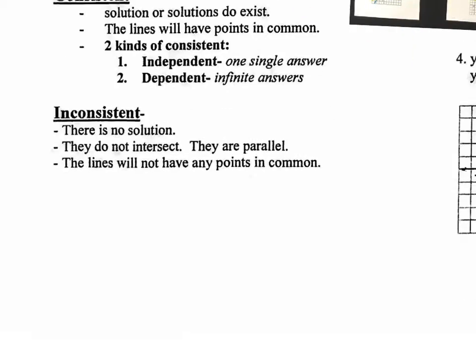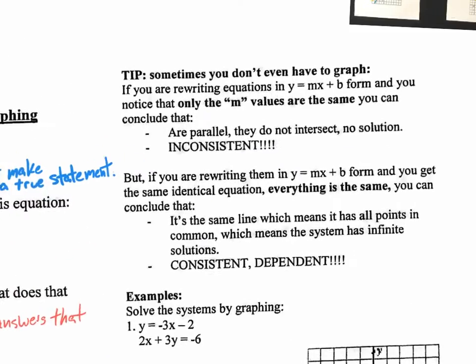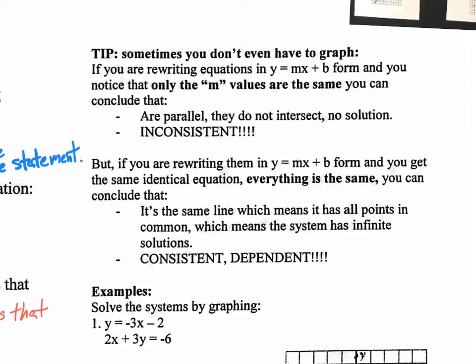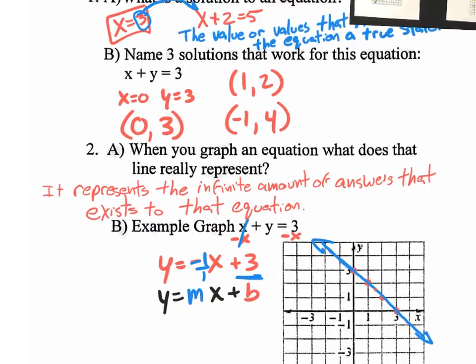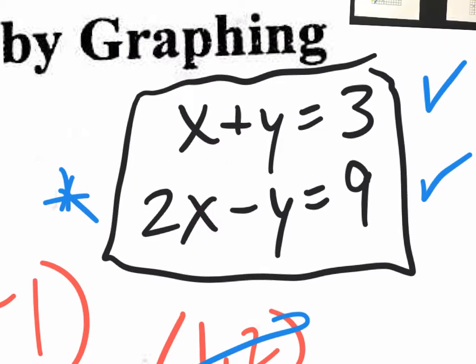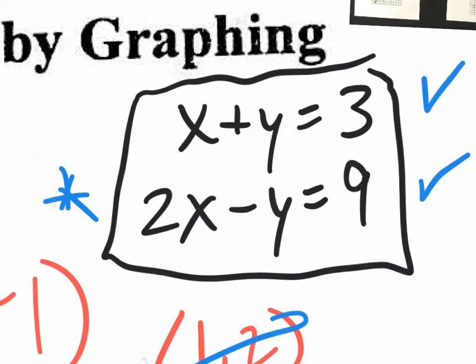Anyways, let's jump up here. The goal today is to be able to take a system of equations, like this system right here, x plus y equals 3 and 2x minus y equals 9. You could technically rewrite this in slope-intercept form, y equals mx plus b, and graph it. You could write this one in slope-intercept form, y equals mx plus b, and graph that line.